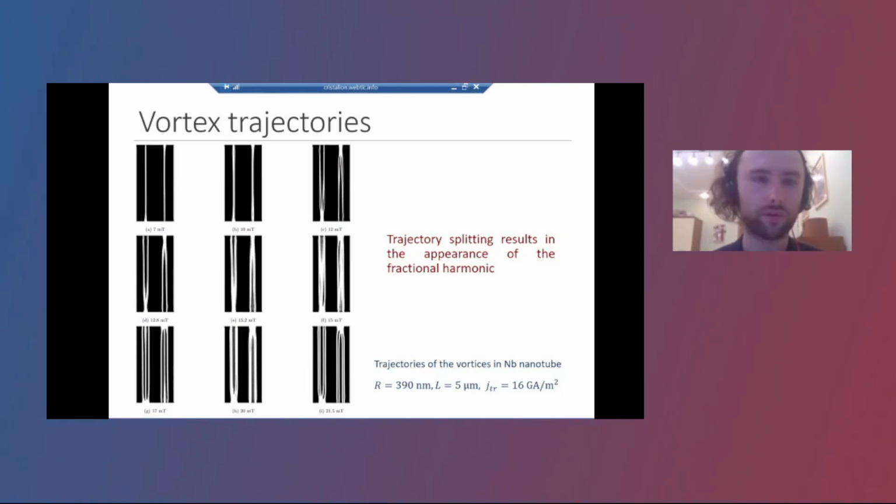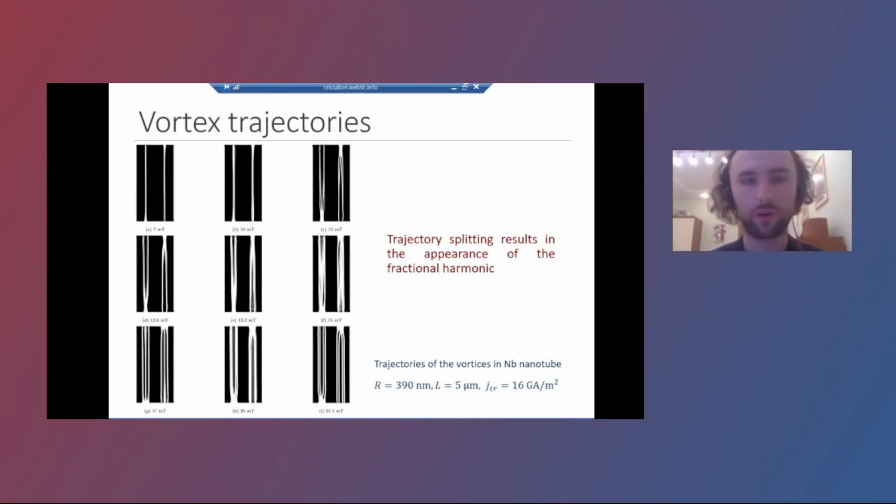To answer this question, we draw the trajectories of the vortex motion. For example, if there's no fractional harmonic, there's only one path, one trajectory in each half cylinder. For example, this is the upper left panel.